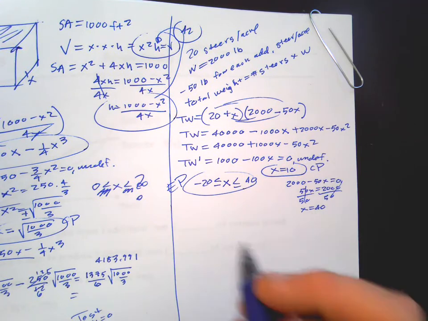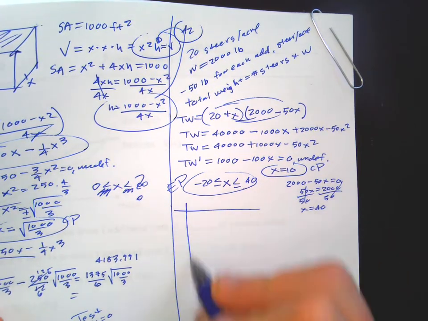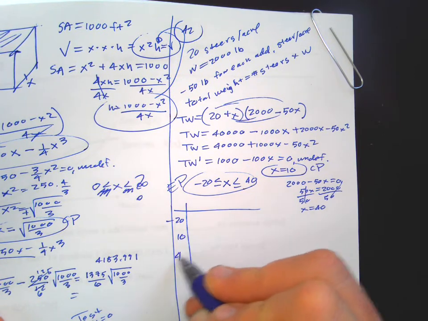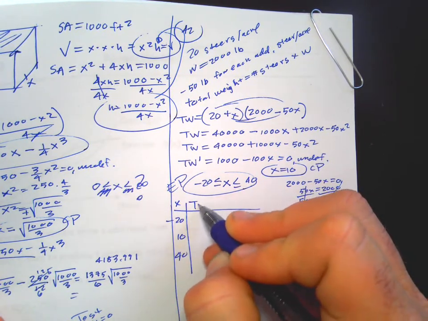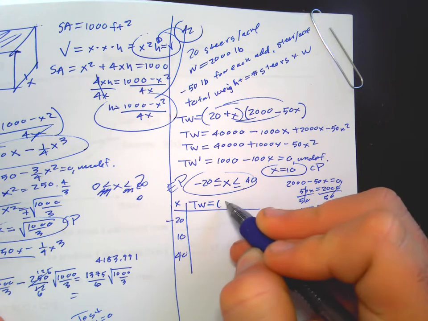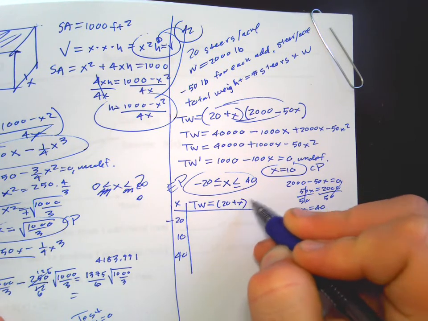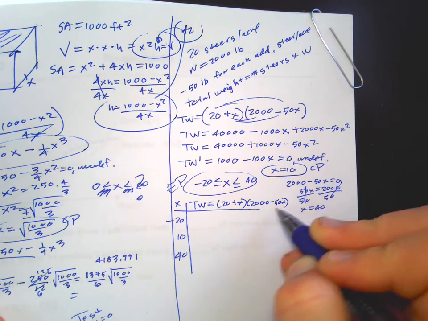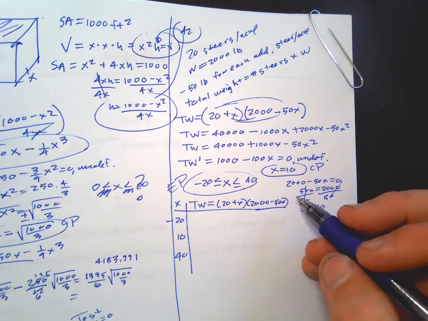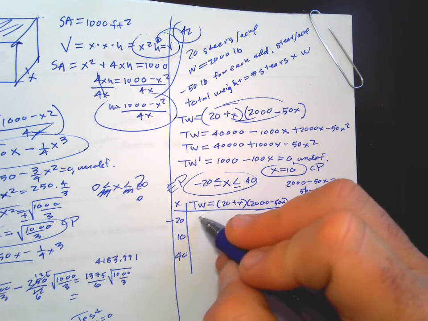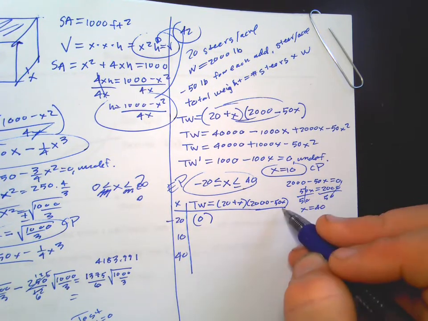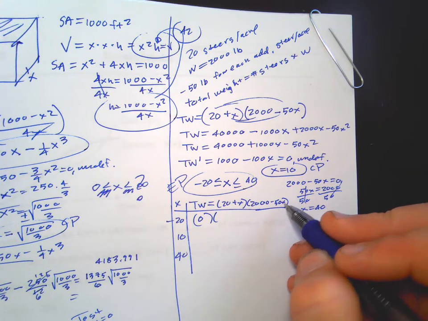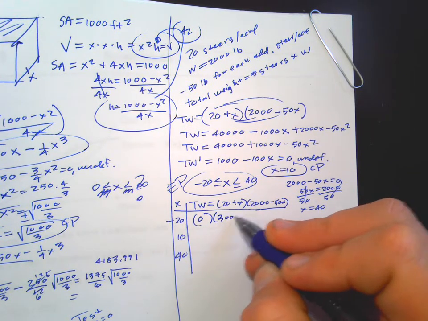So I think we could do extreme value theorem here. Negative 20, 10, and 40. I'm going to plug them into total weight. I like this factored version for doing the work in my head quicker. If you do this, you get 0 times, it doesn't even matter what this is, that's going to be 1,000, so it'd be 3,000.